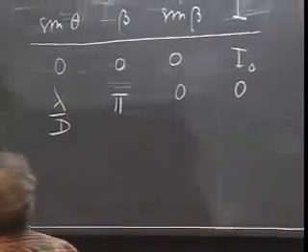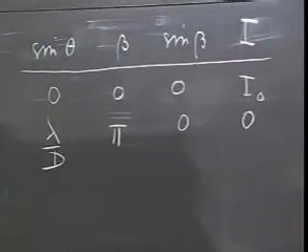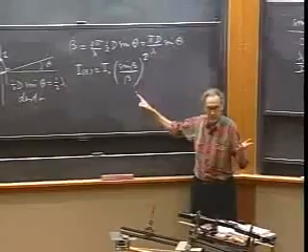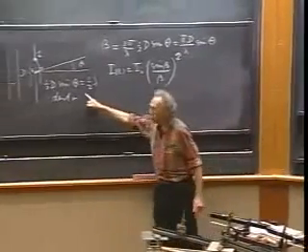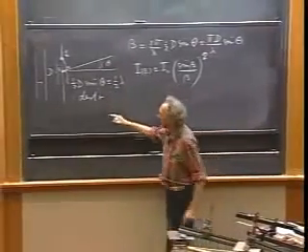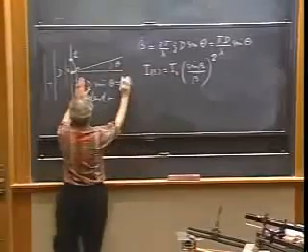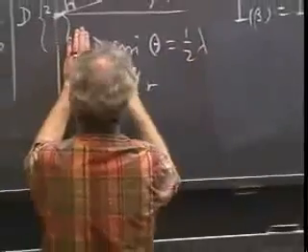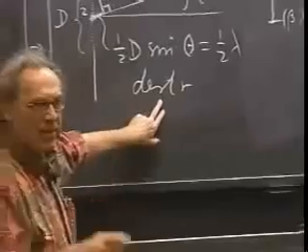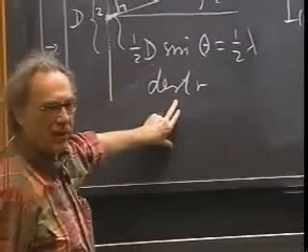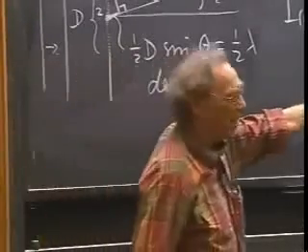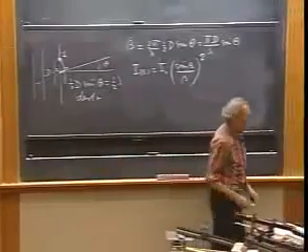Because the upstairs is 0, but the downstairs is not 0. Ah, that's this. Because look, if you take this half away, and you take this half away, you get that the sine of theta is lambda divided by d. I already predicted that you would have destructive interference. That's exactly this case, of course.